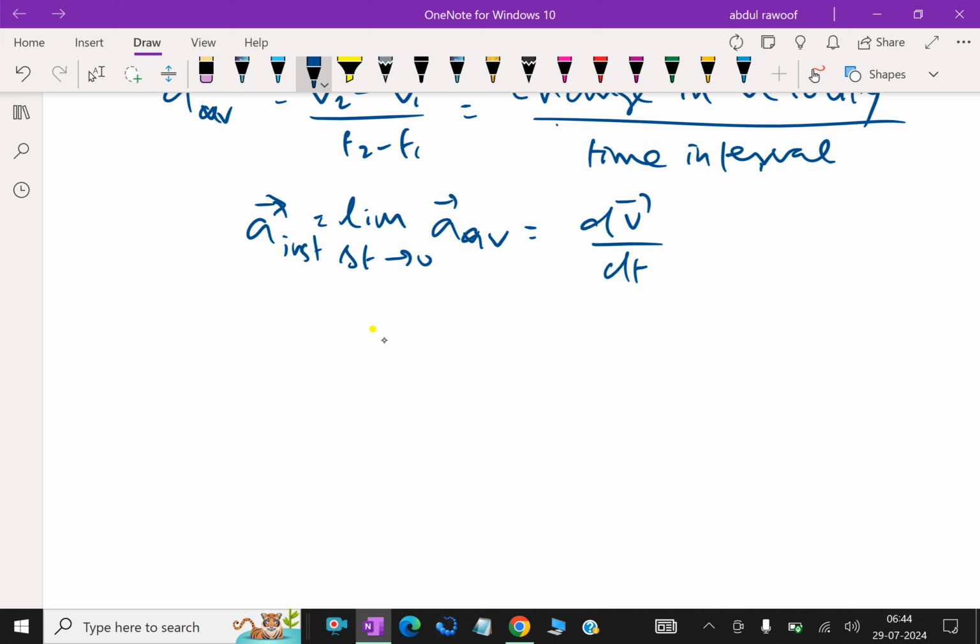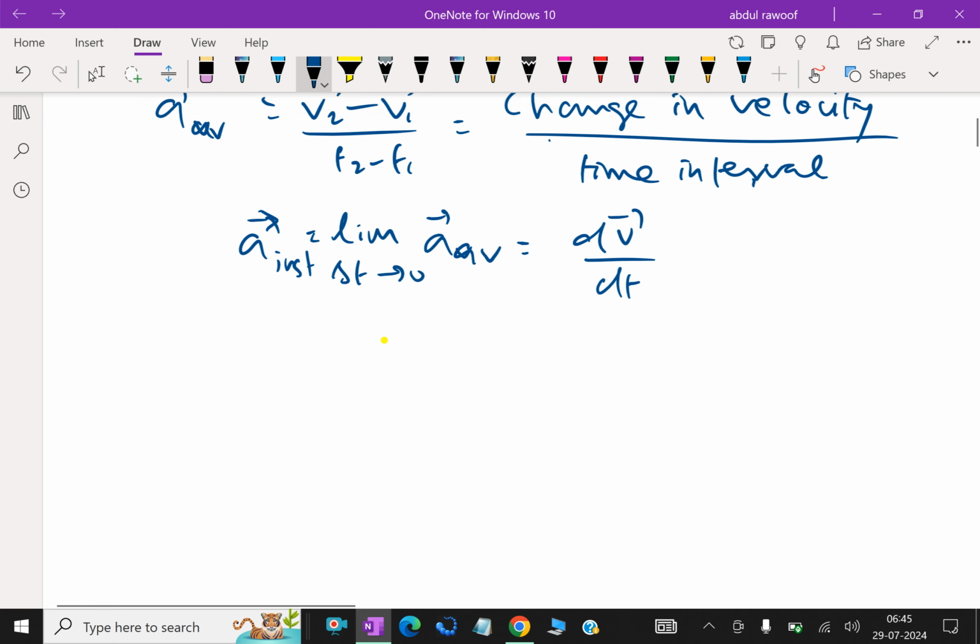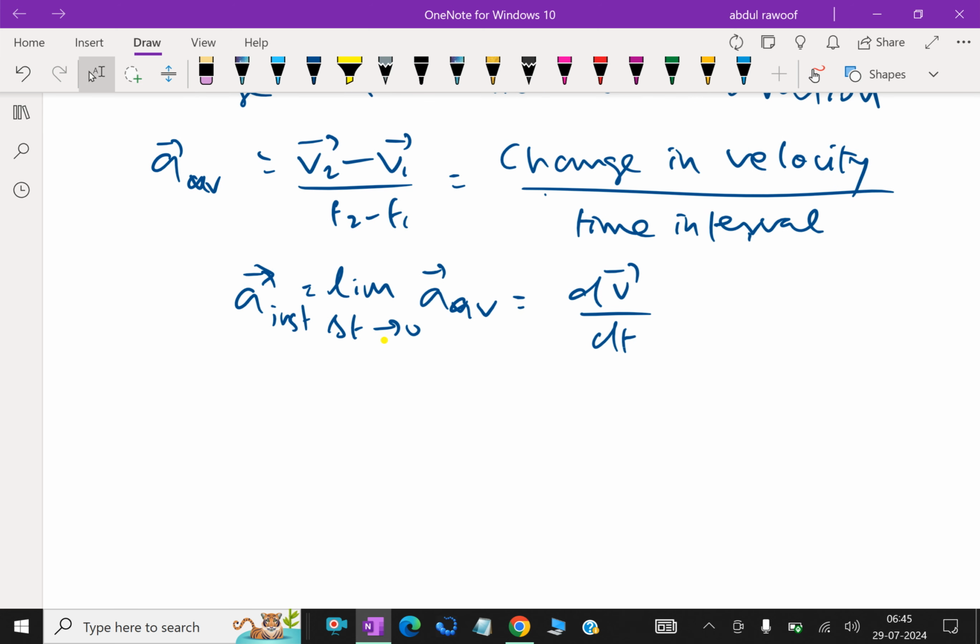That is the rate of change of velocity, which can be written as d r squared by dt square. Further, we can say this is v into dv by dr.